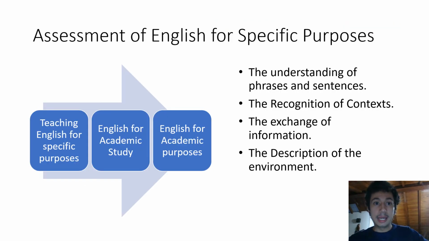Okay, assessment of English for specific purposes. Here's the route that we're going to take: teaching English for specific purposes, English for academic study, and English for academic purposes. Let's remember this population belongs to a private school of the educational system of Colombia.